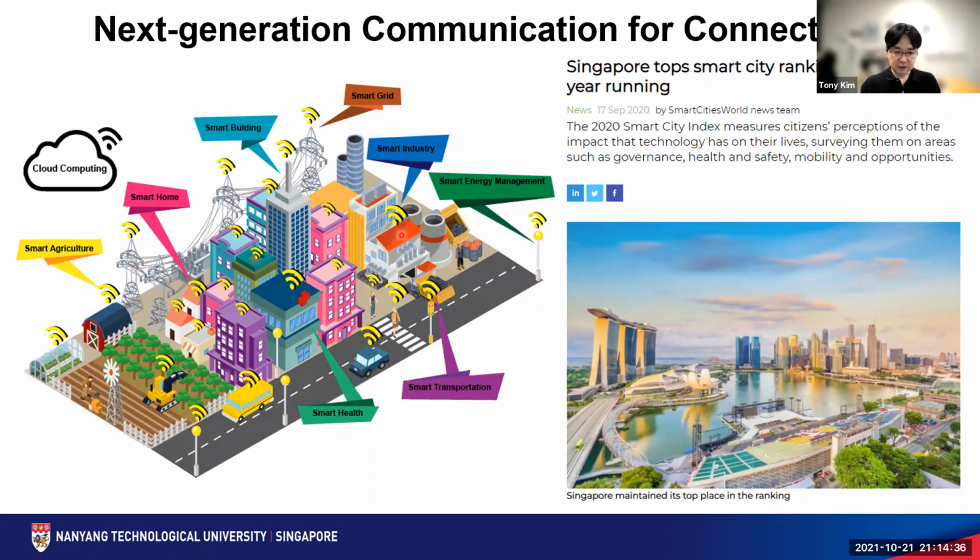However, if you assume that all these sensor nodes and all these devices are sending the generated data to the cloud and ask the cloud to compute and send back the processed data to the sensor node and the edge devices, then the cloud service will consume huge amount of power, but at the same time, you also have to wait for relatively longer time to get the final answer, right? And at the same time, if you have no network connected to the cloud service, then even though you have huge amount of sensor nodes and edge devices, you cannot achieve smartness, right? So those are the big challenges that we have to tackle to realize smart cities.